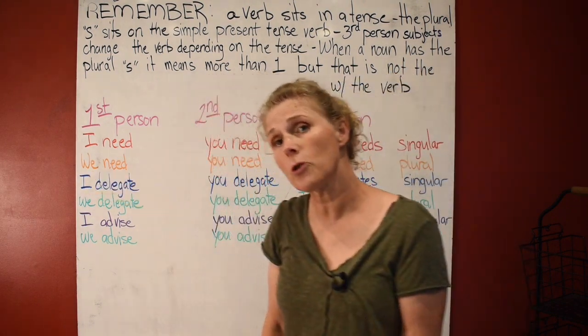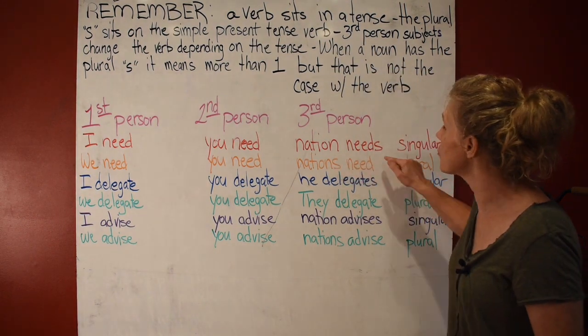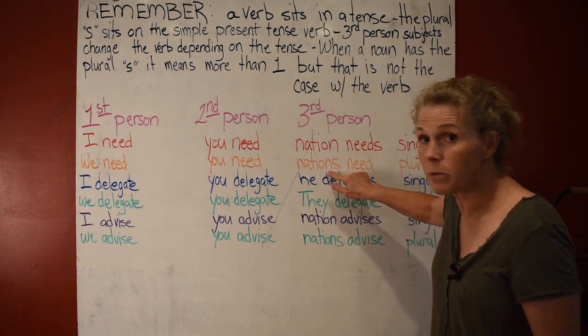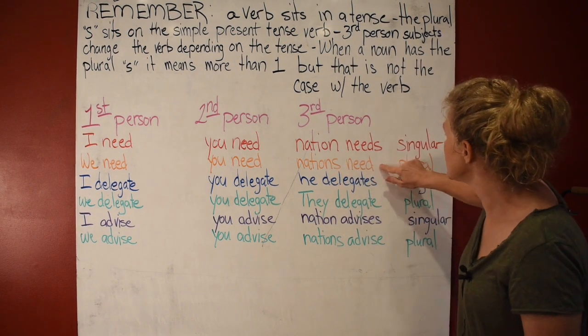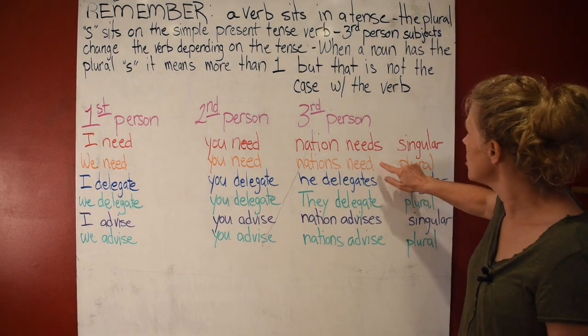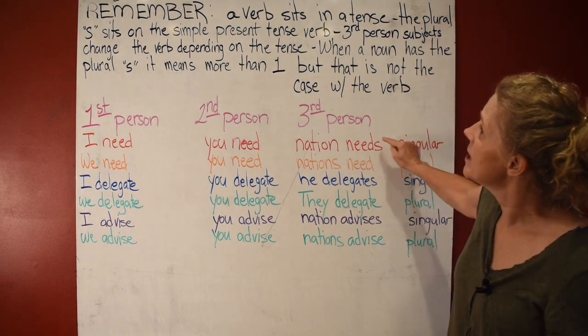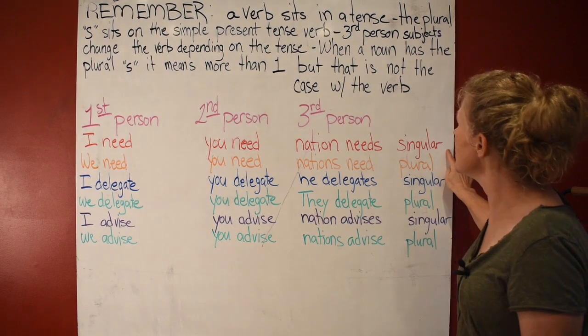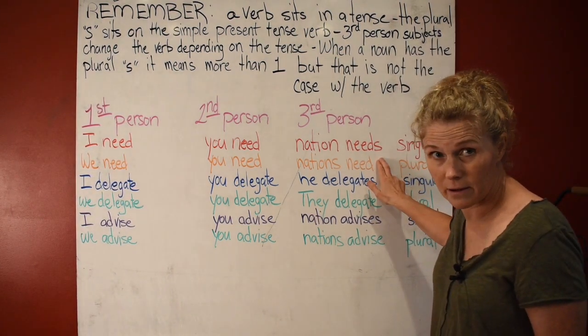Where we find our plural is in our subject. But look what happens in third person. Now you have your plural in your subject, plural s, but it doesn't change in your verb. The only place it changes is simple present tense, singular, third person when you add the plural s on there.